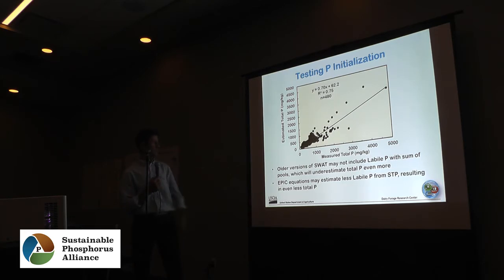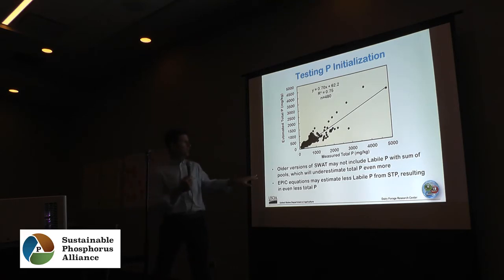I think in a slide or two I'll talk about why. You have to be careful too with some of the older versions of SWAT. They call it solution P. They didn't include that in the sum of their pools, so that would drive that slope lower. And some of the original equations, if you're underestimating your labile P from your soil test P, that may drive that even lower too.